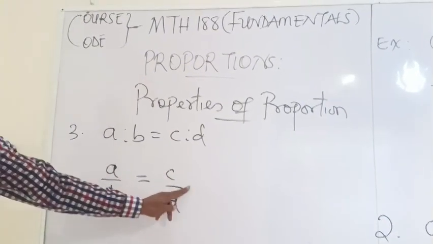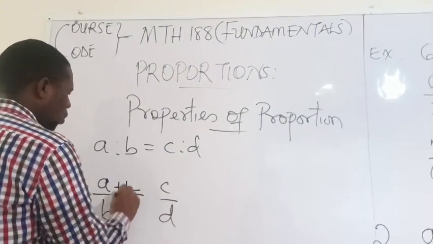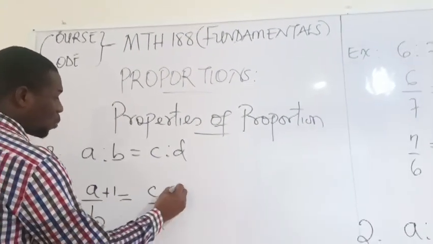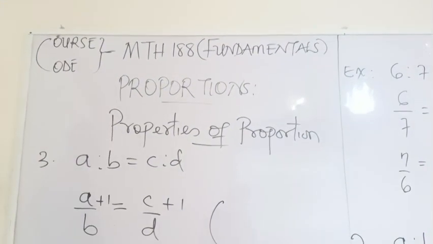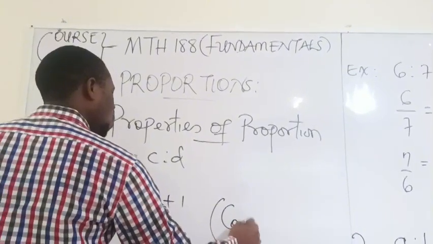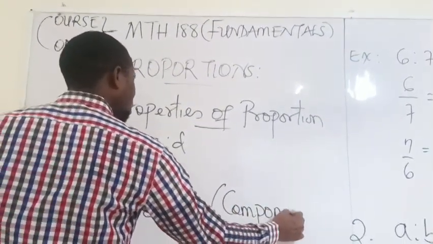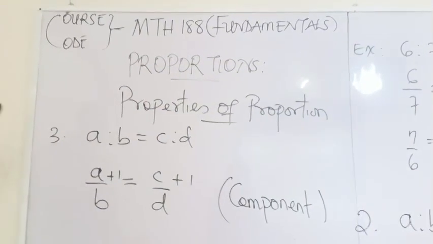So I'm adding 1 to both sides, you can say 1 over 1, to both sides. The outcome is what we call the components. I'm taking the components of this proportion.